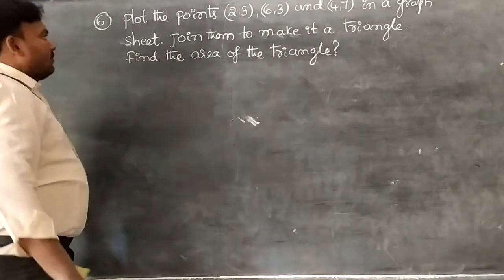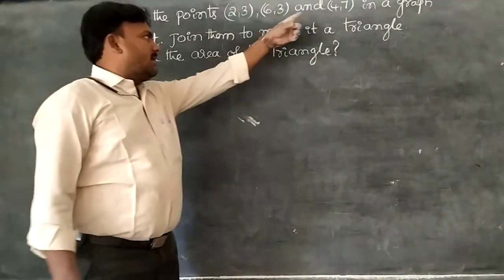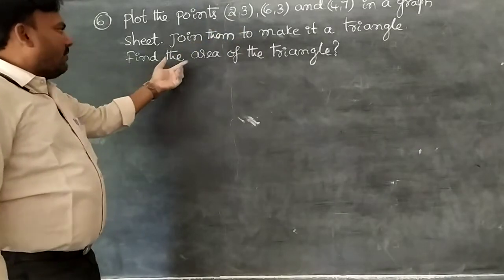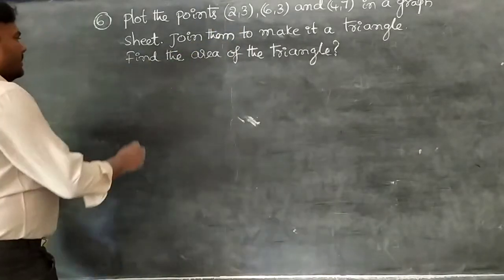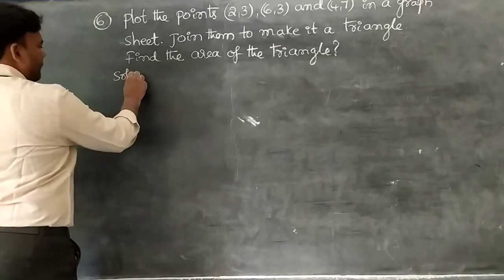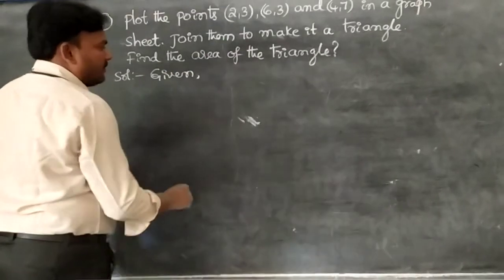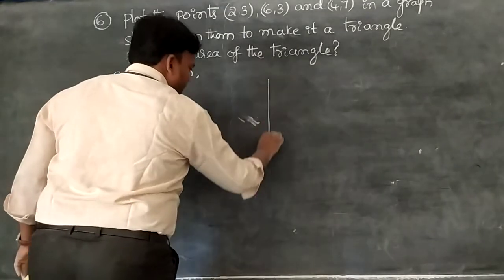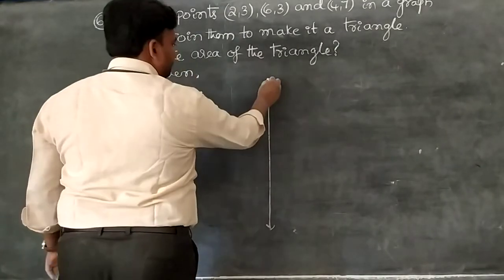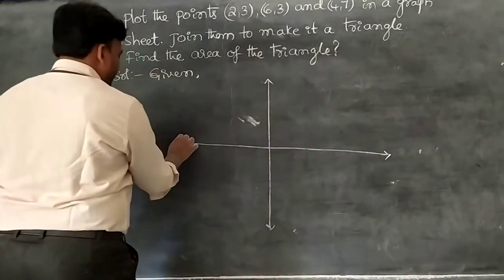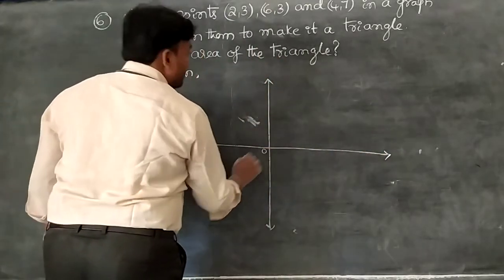Yes, observe, students, plot the points (2, 3), (6, 3), (4, 7) in a graph sheet. Join them to make a triangle. Find the area of the triangle, students. So go for the solution. Given points (2, 3), (6, 3) and also (4, 7). Yes, draw a coordinate axis as usual. 0.